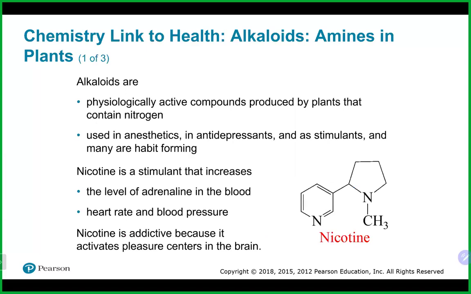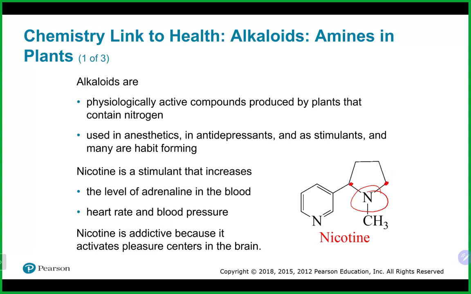Alkaloids are physiologically active compounds produced in plants that contain nitrogen. For example, there's nicotine, basically amine-based, and adrenaline, which increases levels in the blood. And again, there's basically our amine in this case. That's actually a tertiary amine, right?